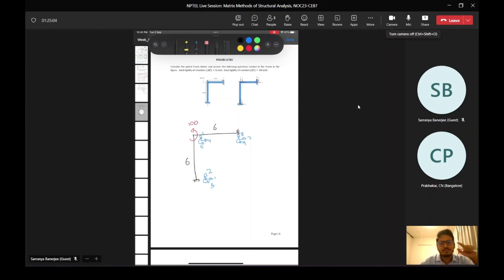But the easiest part is those parts which you have taken time to think over and understand regarding the fixed end moments and those things. They won't be there, because there is no transverse loading on the beams and the frame elements. So you don't need to bother about the fixed end moments.